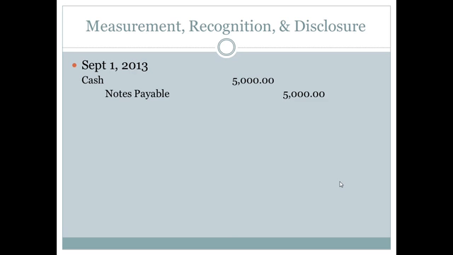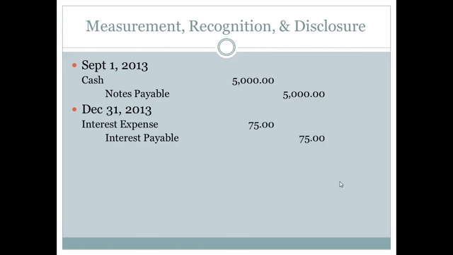No big deal there. December 31st, the balance sheet date, is where we have what's called an adjusting journal entry, where we have to accrue the interest expense that needs to be recognized for the year. And that's relatively straightforward. We've already done the calculation. We determined that there would be $75 of interest associated with this note for that 4/12 of the year.